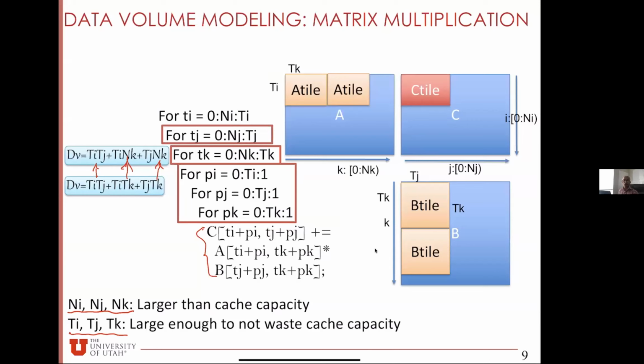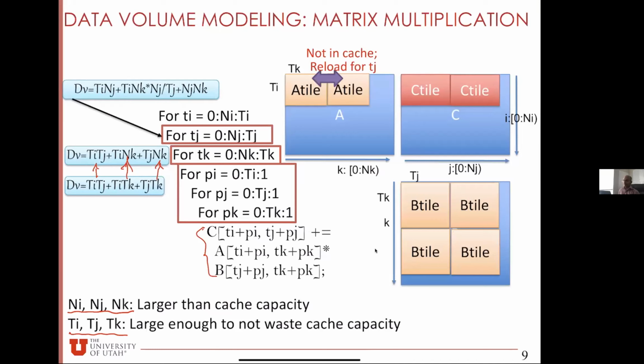In the same fashion, we can essentially step through each of the loops. So when we step through the J loop, J is explicitly present in B, and it's explicitly present in C, but it's not explicitly present in A. However, assuming that we had chosen reasonably large tile sizes so that we didn't waste cache capacity, as we run through all of the A tiles to run through the full problem extent Nk and reset and start again, we will need to reload all of the data for A, because it won't any longer be in cache.